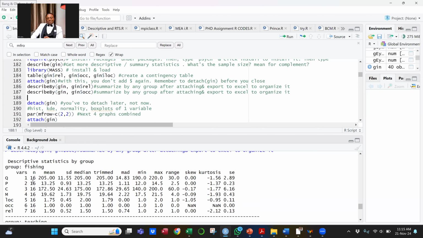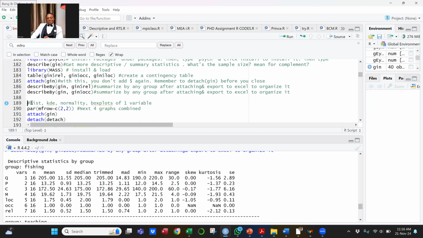So you can see that the fishers are consuming more. So akpeteshi is consumed more by the fishermen, fisher folks. So this will give you a bit of the descriptive analysis. This is when you have groups in your data. You can use this group analysis a lot. Okay, any question on that?